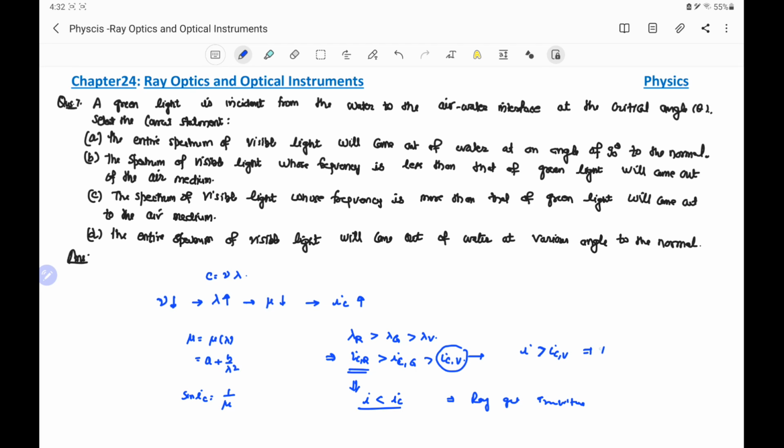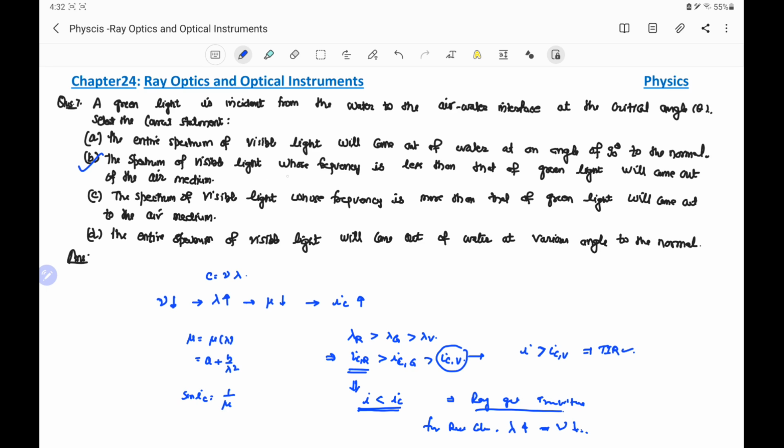So for violet color, total internal reflection takes place. Therefore, the ray gets transmitted for the color whose angle of incidence is less than the critical angle, that is the red color. And for red color, wavelength is higher. This implies that frequency is lesser. So option B is the correct option.